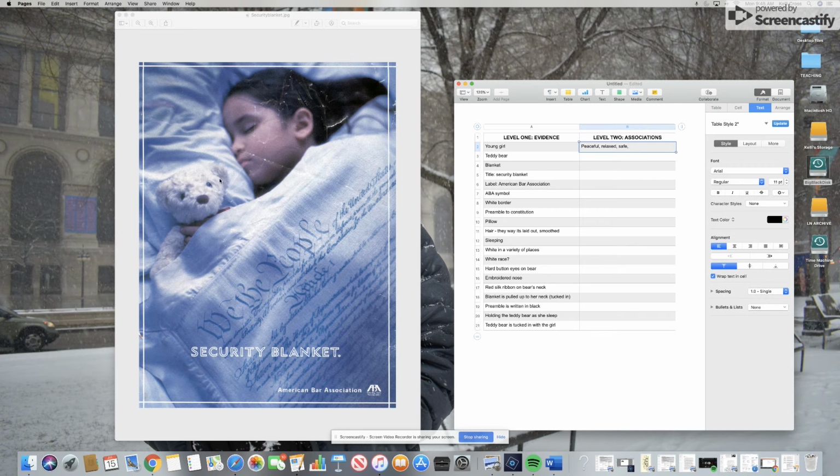So maybe I'm going to move on to the teddy bear. When I look at this teddy bear, and if I go back and look at the specific things I had with it, like the hard button eyes and the embroidered nose and the silk ribbon on the bear's neck, maybe I'm going to notice these things about it as a unit.